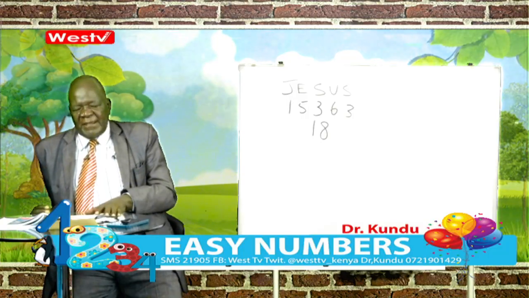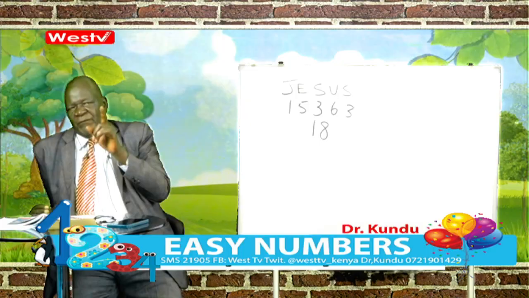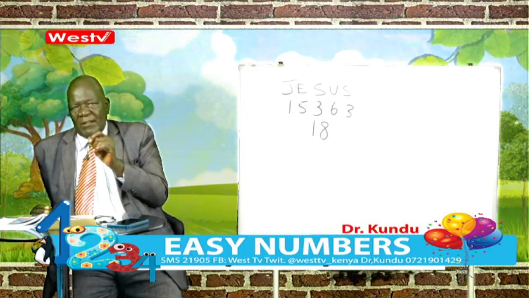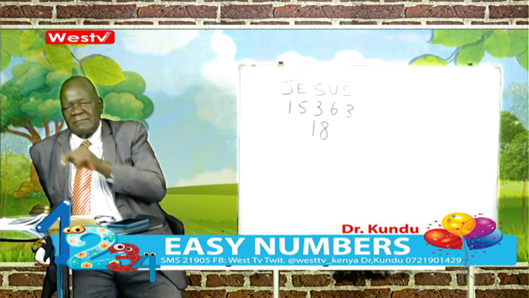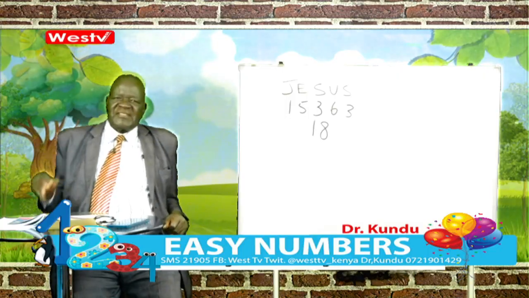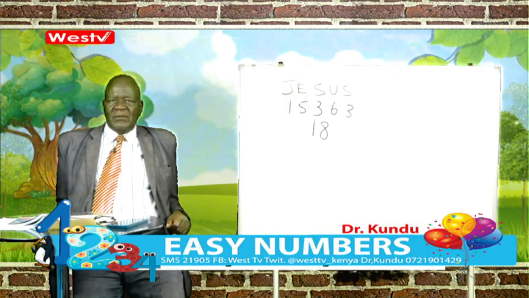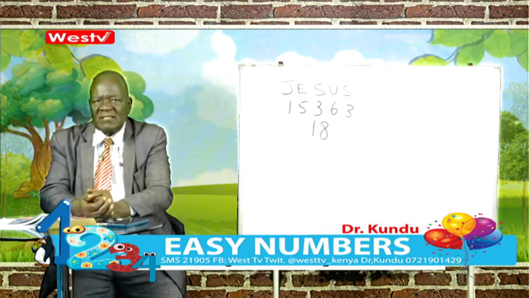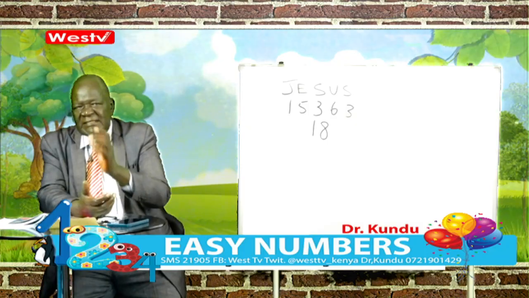Because they understand what I read for you here in Ecclesiastes 3, verse 1 to 8. That there is a time for everything. You just don't wake up one morning to do what you want to do. Is it the time for it? You must be sure that this is the time.